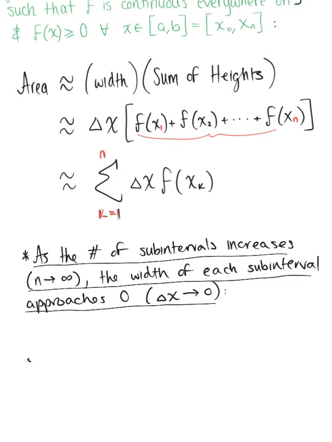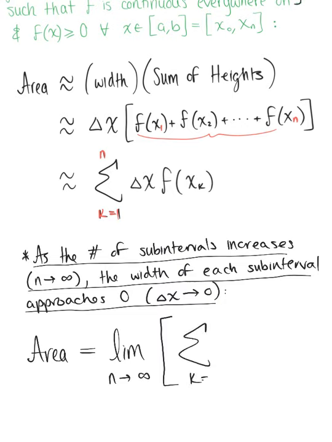So we can say that the area is exactly equal to the limit of this finite sum as n approaches infinity. So you have the limit as n approaches infinity of the sum from k is 1 to n of the height f of x sub k multiplied by delta x.